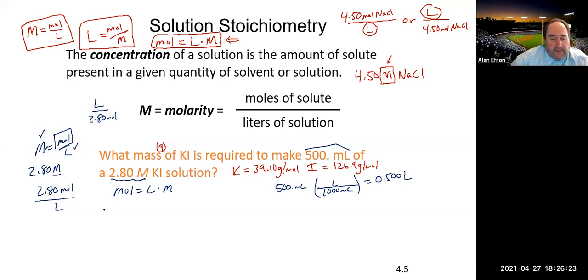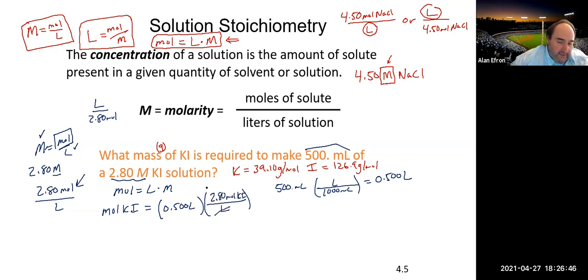So I'm going to do this problem here to figure out the moles of the KI. Really going to do it like a dimensional analysis problem where we can see the units canceling. So I'm going to use my molarity here as a conversion factor. In this case, I do want the liters on the bottom and the moles up on top here.